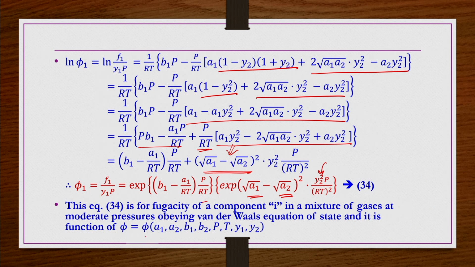So we can see this phi is a function of A1 A2 B1 B2 P T y1 y2, which are experimentally measurable quantities. Temperature, pressure you can measure, composition you can measure, A1 A2 B1 B2 also you can measure. So the auxiliary function, the fugacity coefficient, is directly related to the temperature, pressure and composition of the system without any difficulty, whereas for chemical potential we are unable to develop such kind of relations.